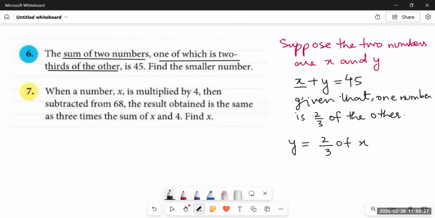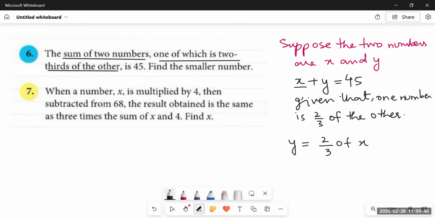So in these two numbers, the first number is x and the other number is y. Now they're giving us information about the other number. They're saying that one number is 2/3 of the other. You can suppose either number as the first and the other as the second.